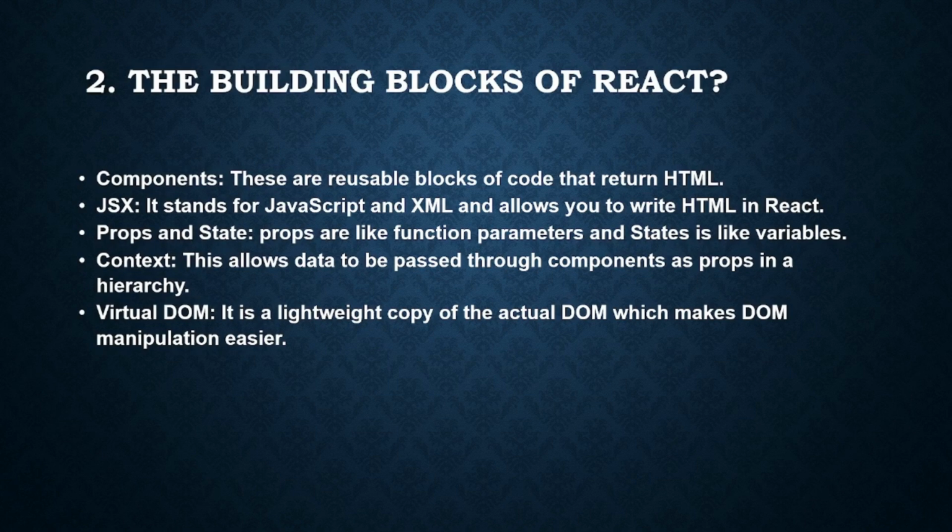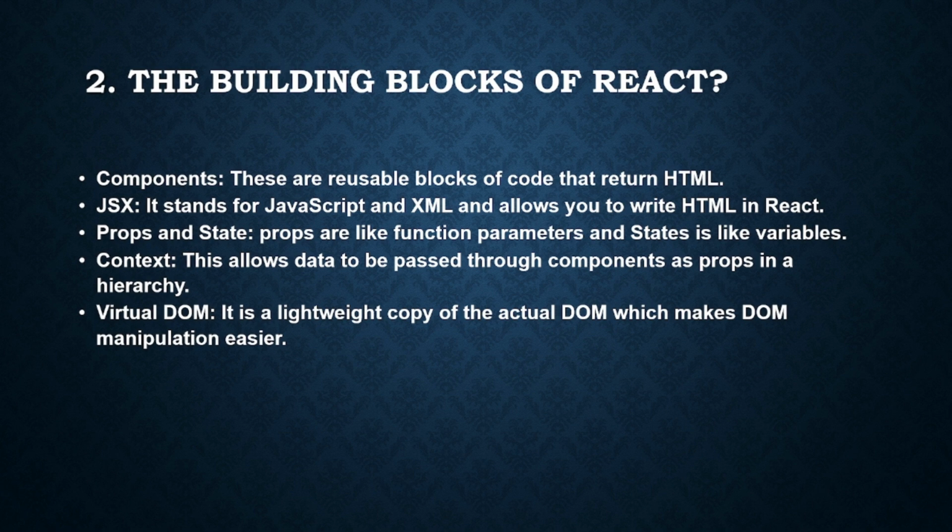The next important question is what are the building blocks of React? You can explain the component, JSX, props, context, and virtual DOM. Components are reusable pieces that return HTML. JSX stands for JavaScript XML and allows you to write HTML within React.js. Then props and state.